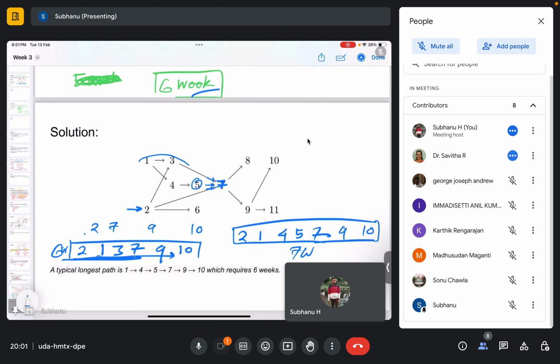This 6, this 10, this 11, because this step is not depending on anything basically. So these are independent. The priority is the dependent ones, which we have to take. Exactly. Okay, sir.